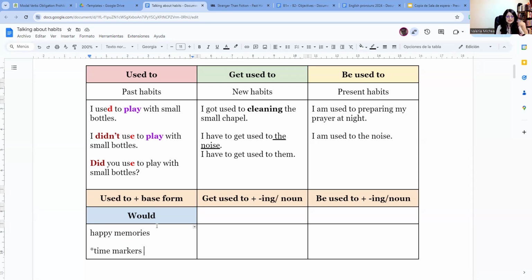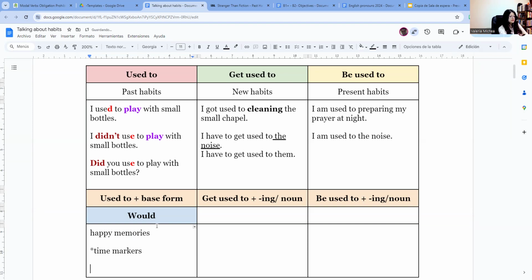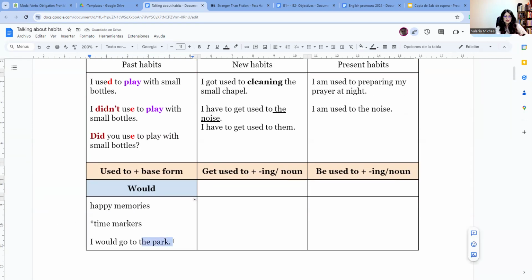Okay, so time markers. What does that mean? It means that you need to tell me when that happened. Because if I just say I would go to the park, just like that, I don't know, or my listener, my reader, doesn't really know if I am talking about the past or if I'm talking about something that would happen in the future, like a future desire.